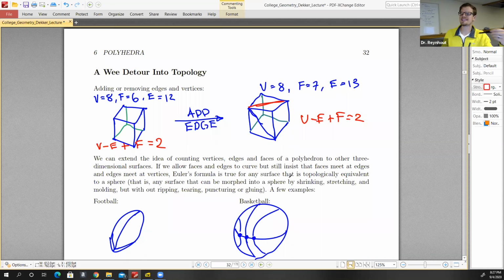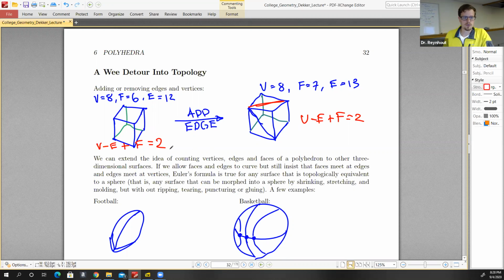But let's go ahead and extend this just a little bit. In our example so far, we had faces which were polygons. But if we allow those faces to have form, to round and to bubble, so that rather than calling them faces on a cube, we could take round objects and put squares on top of a round object.